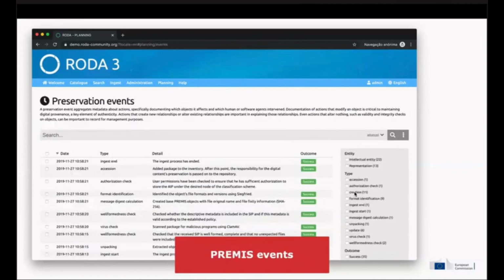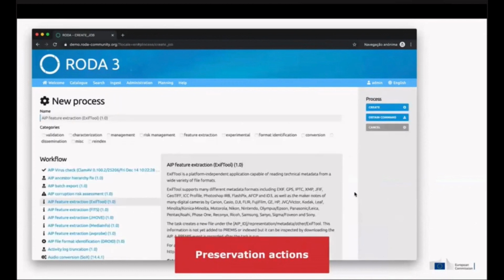For preservation planning, we also have access, obviously, to the PREMIS events available in the repository as a whole, or for specific AIPs that are available on the system. We can also start different processes by accessing the preservation planning actions.